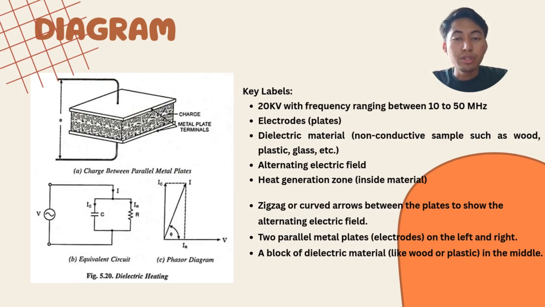The molecular friction generates internal heat uniformly through the material, unlike conventional heating, which warms from the outside in. The result is rapid and volumetric heating, ideal for drying, gluing, or welding non-conductive materials.